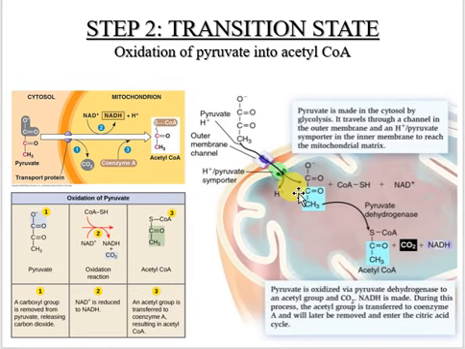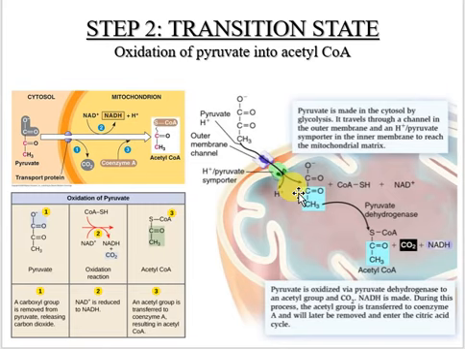Now remember, the conversion of glucose in glycolysis results in 2 pyruvate molecules. So because you have 1 NADH produced per pyruvate in this first step, there is a total of 2 NADH molecules produced during this transition stage, right?